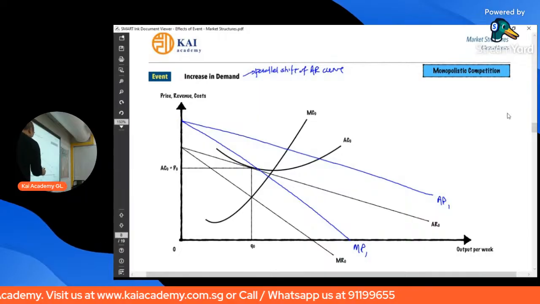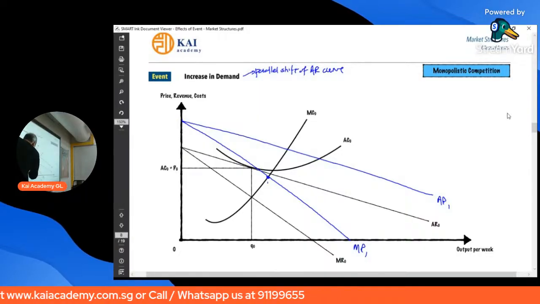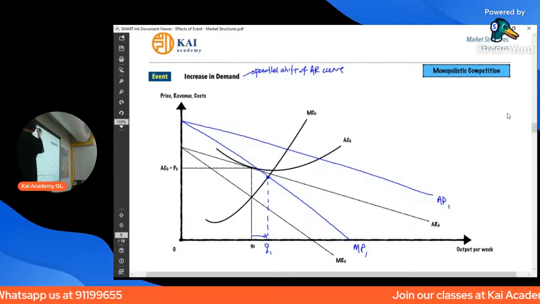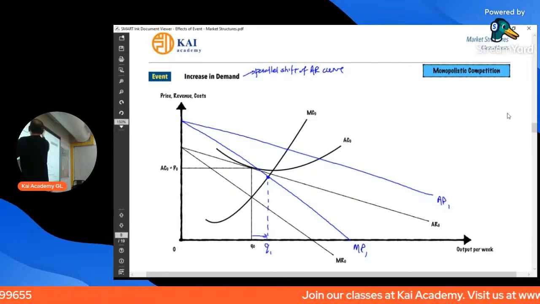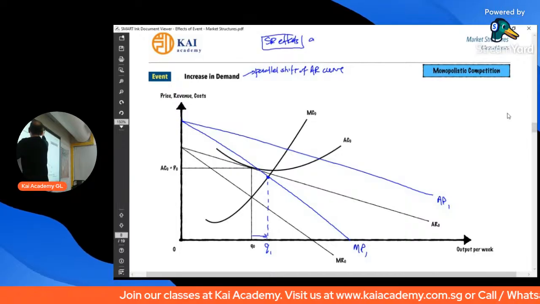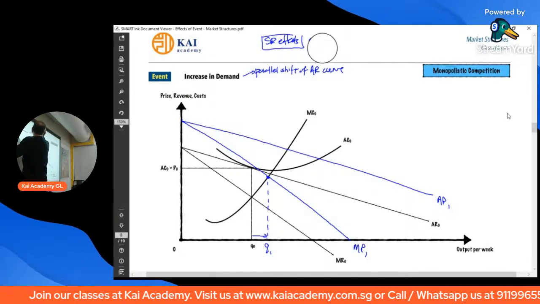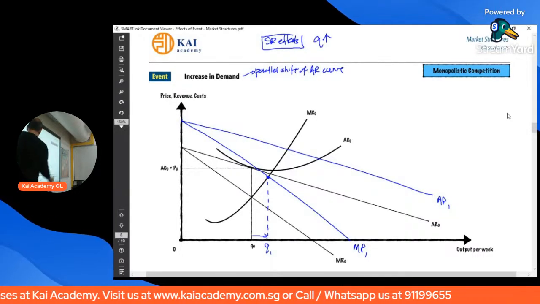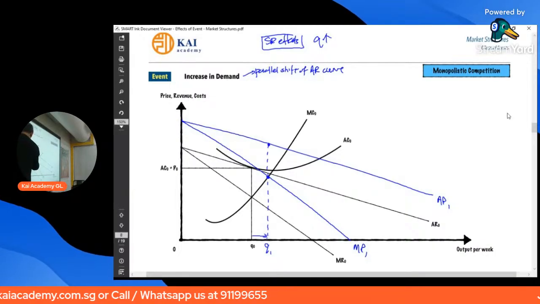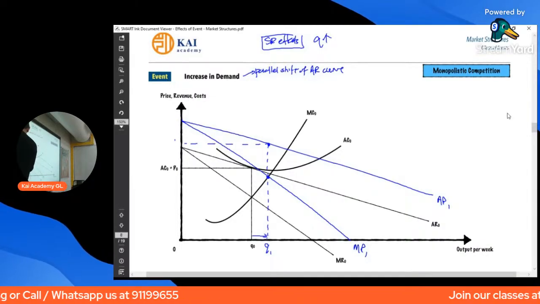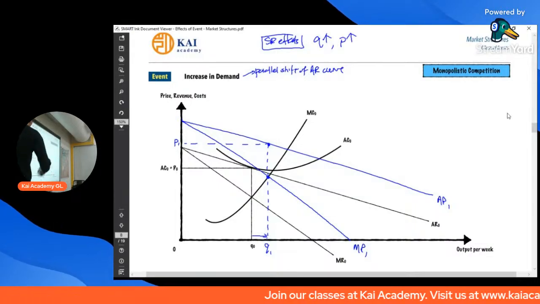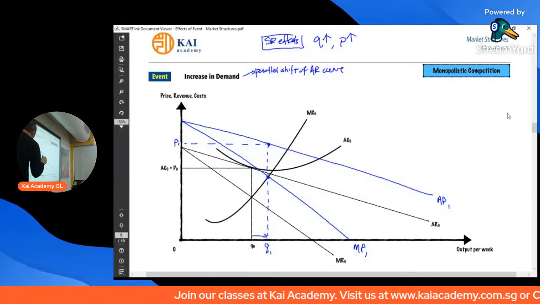Imagine it's a parallel shift. So the intersection of these two, MR and MC, gives me Q1. Okay, so short run effects: Q rises. Then what happened to price? P rises. What happened to average cost?